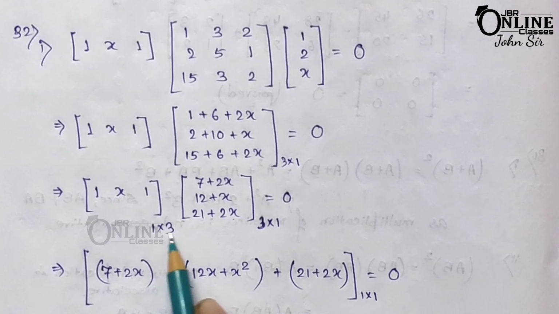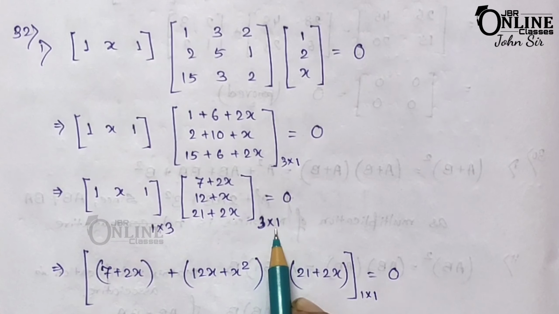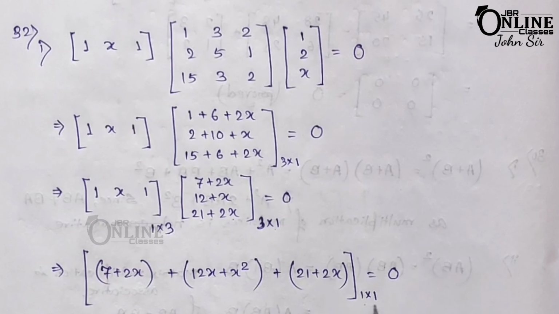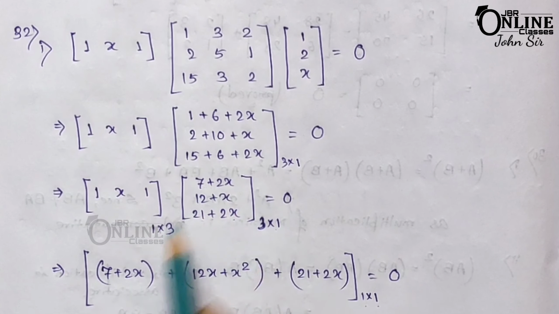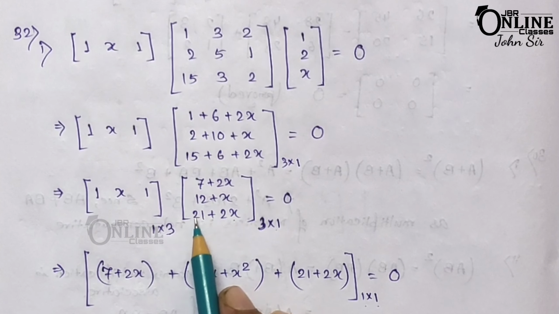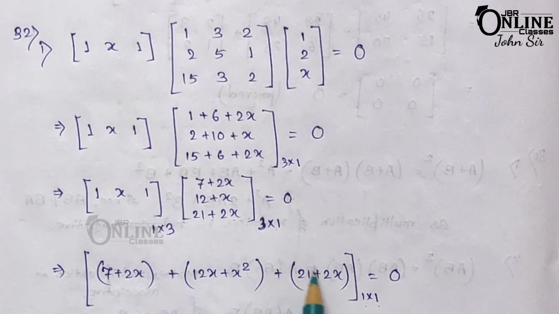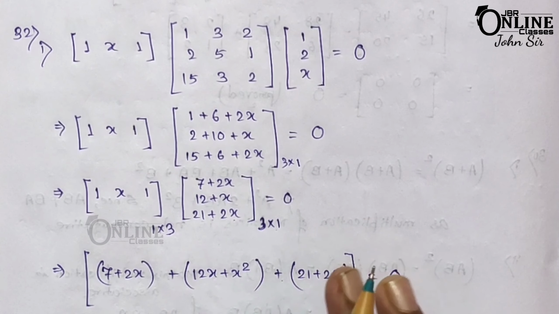So now you have a 1 cross 3 matrix and here a 3 cross 1 matrix. So the final answer will be a 1 cross 1 matrix. That means there will be only one element in the matrix. So here (7 + x) into 1, then (12 + x) into x, and then (21 + 2x) into 1. You have to add these three numbers.